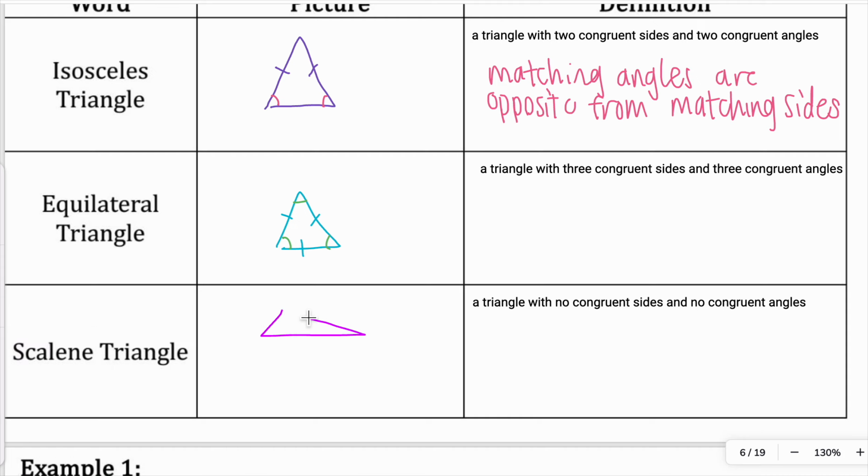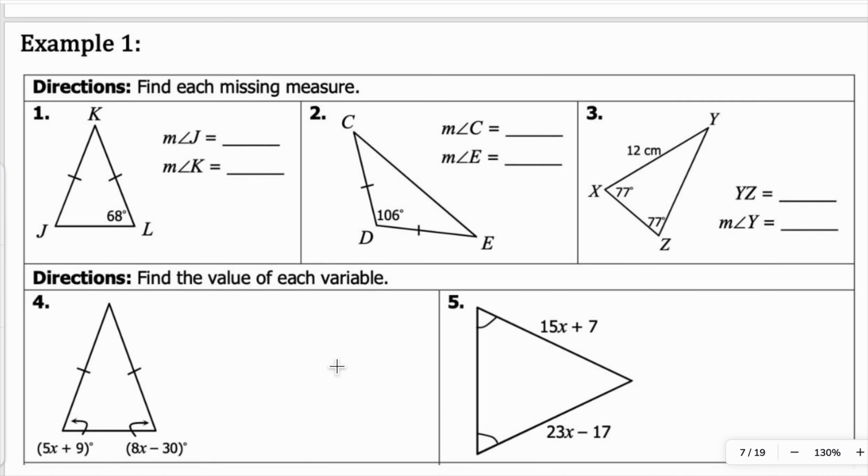That just means we're going to see different tick marks for all three sides, and different tick marks or arcs for all three angles, which means different angle measurements for all three angles. Okay? So what we're going to do next is find each measure of whatever's missing here and talk through some of these, and then I'll give you a chance to work on some by yourself.